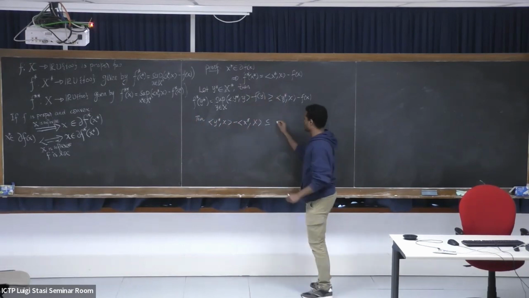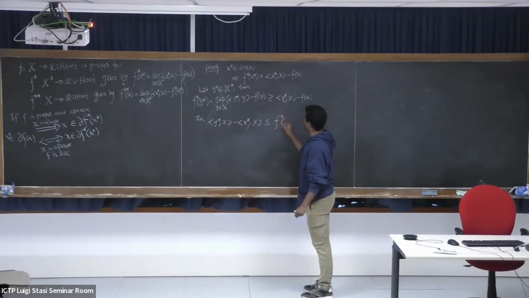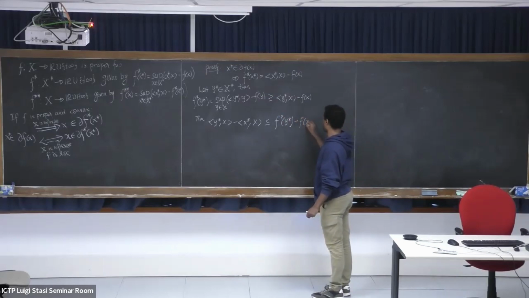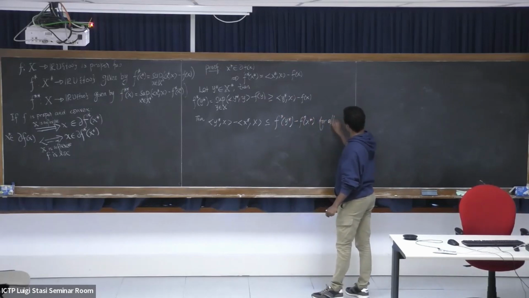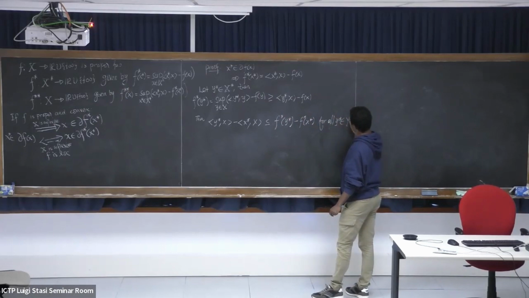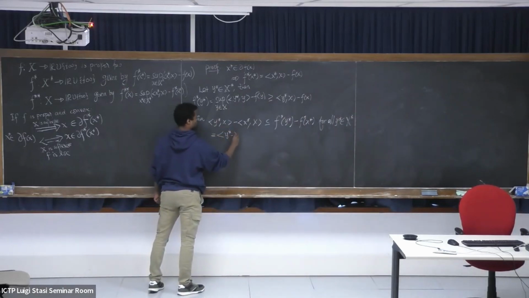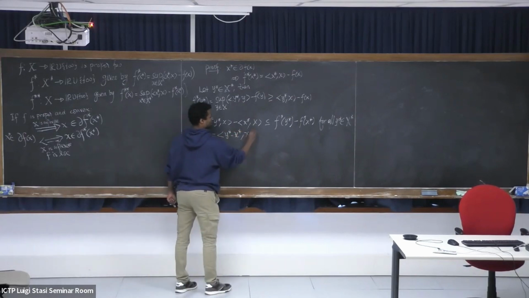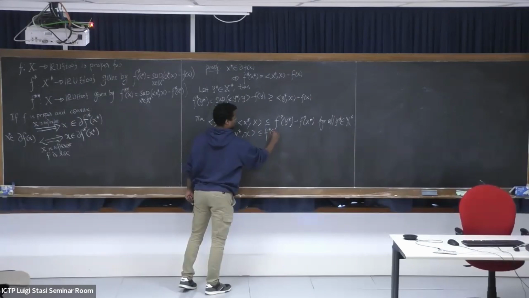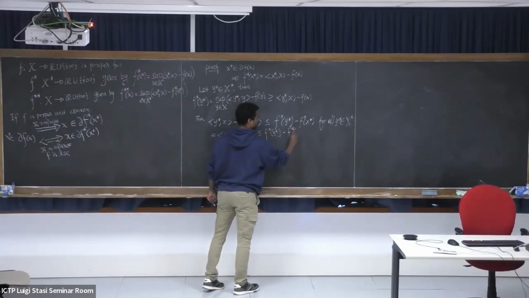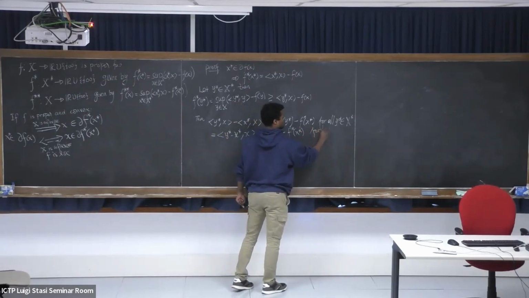Adding both sides, we have f star of y star is at least f star of x star for all y star, an element of x star, and likewise for all y an element of x star.